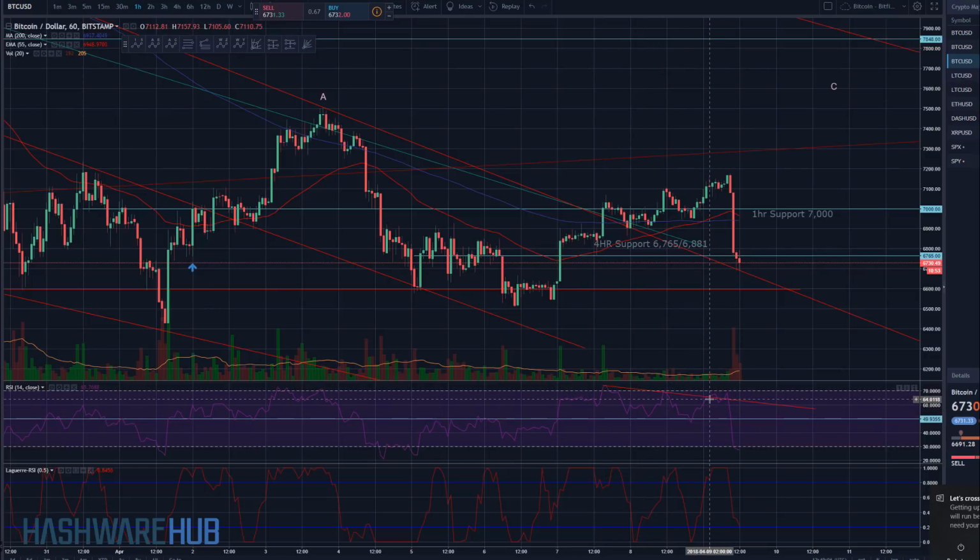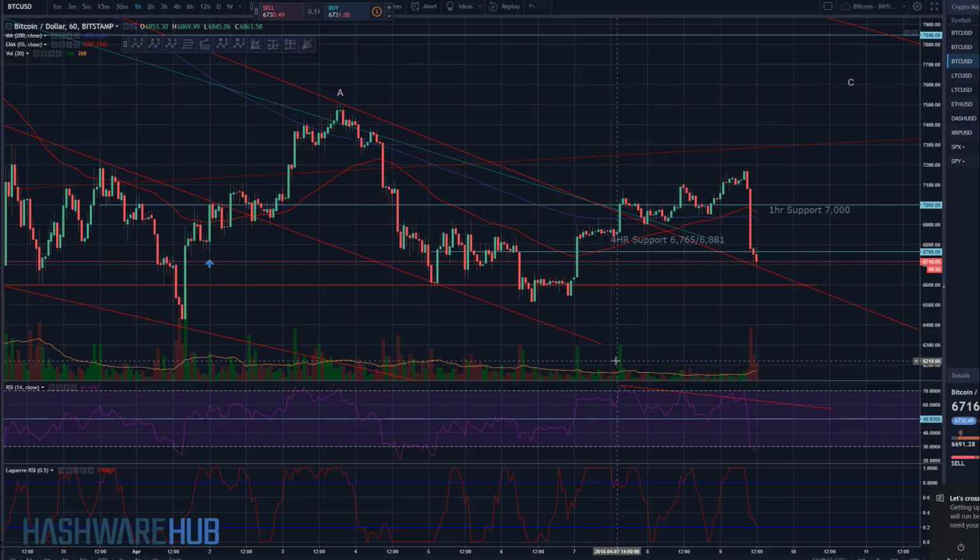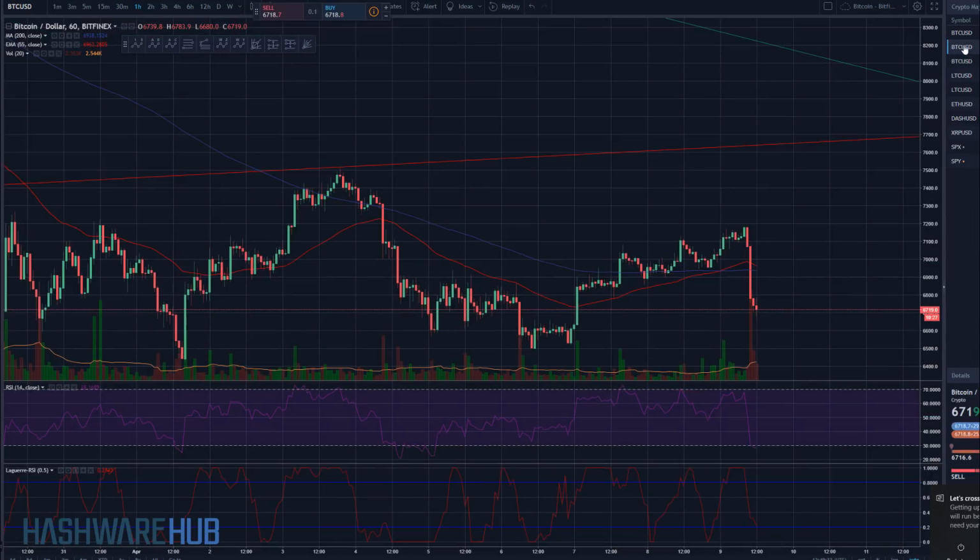The market pierced above it, came down below it, pierced above it again, and came down below it. I was also talking about the volume. We had a large buy volume spike here, here, and here, these three places. And people, rightfully so, told me that the volume on the other exchanges looked a little different. So let's take a look at it.